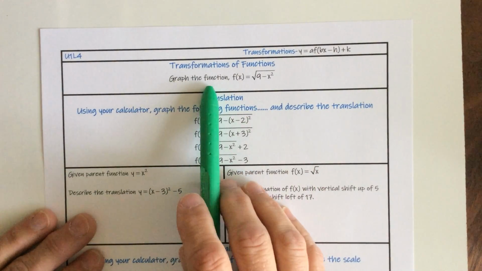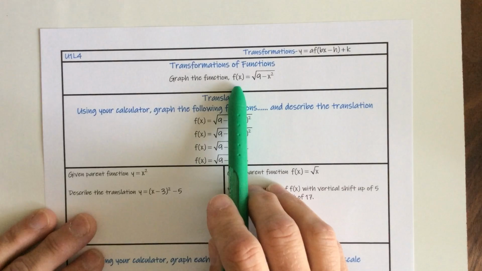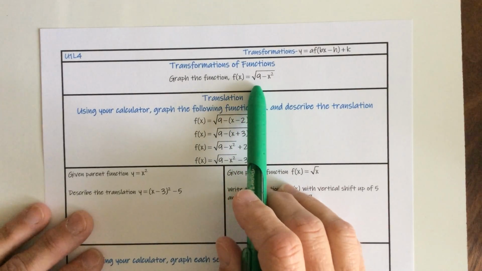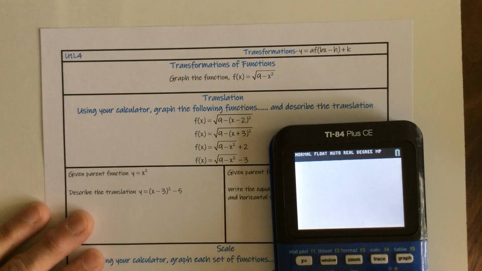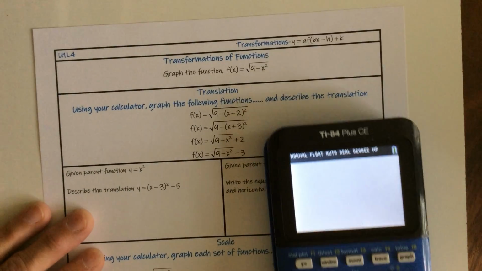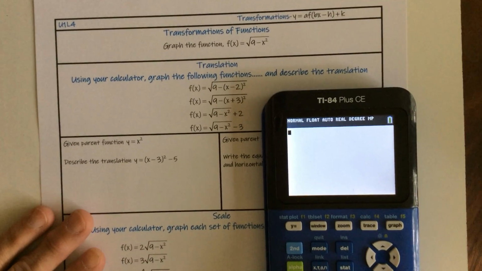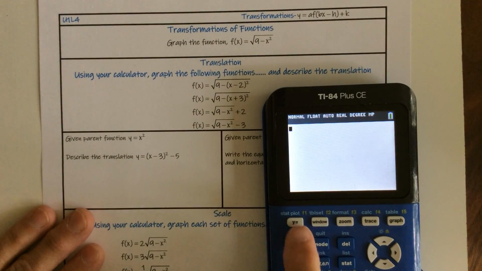I want you to graph the function f of x equals the square root of 9 minus x squared. Your y equals button is right here.